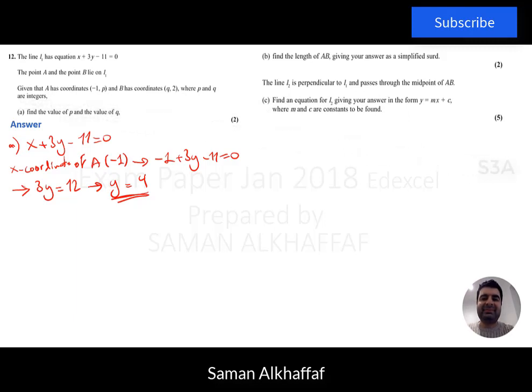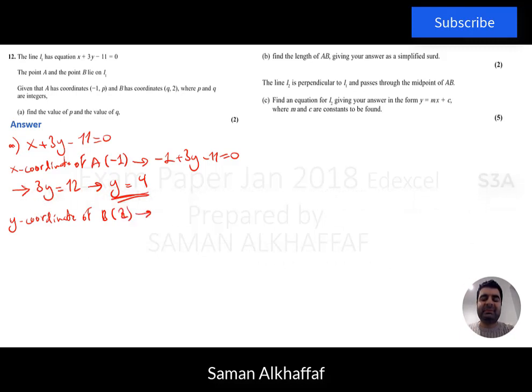Now for the second point, we use the y coordinate of B, which is 2, and it will be subbed into the equation.